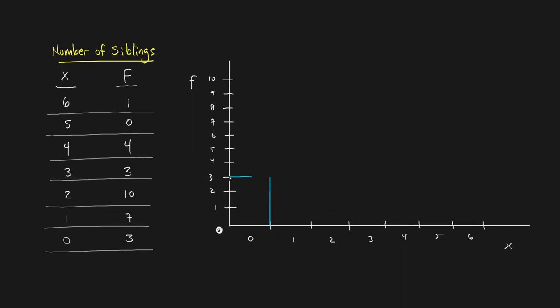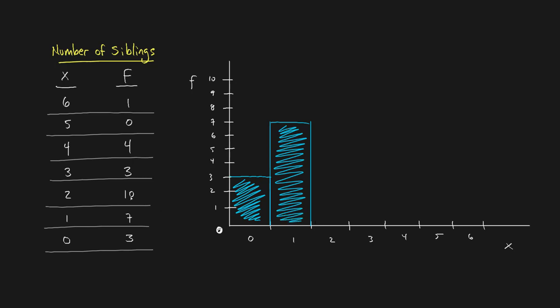There we go. Okay, so there are 3 people that said that they have 0 siblings. And then 7 people say that they have 1 sibling. So we got to take this all the way up to 7. And then for 2, we have 10.